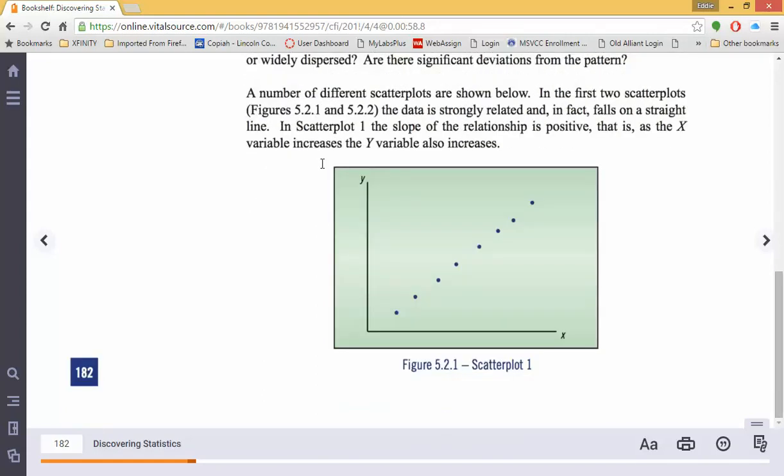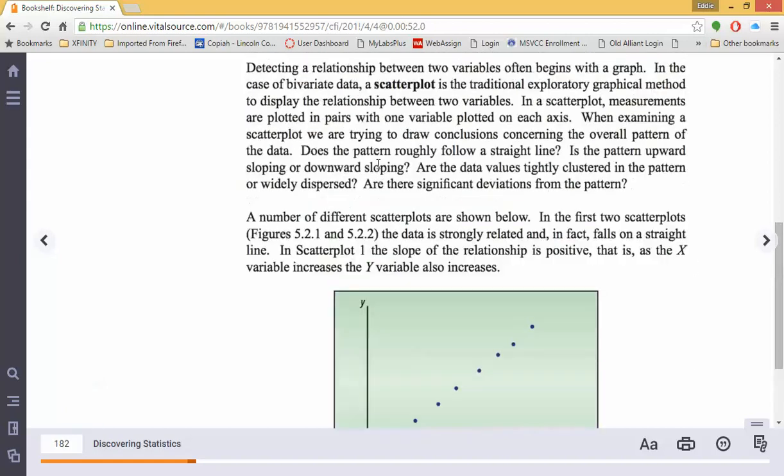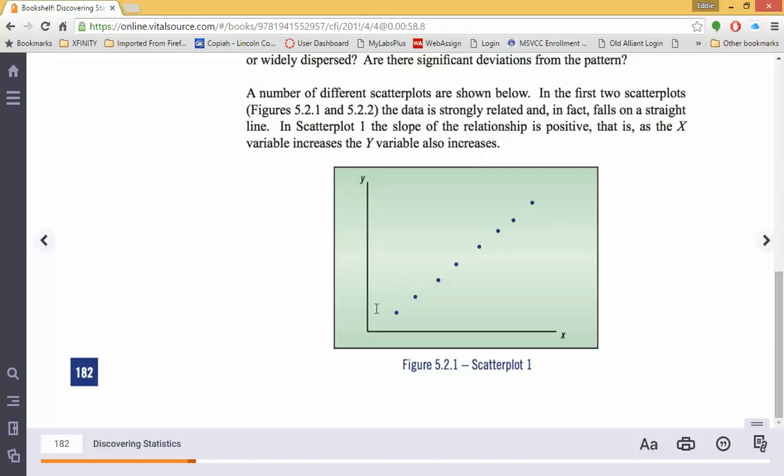Now this scatter plot doesn't go with any table or values that we've been given, but this scatter plot represents a positive relationship because the slope is positive.